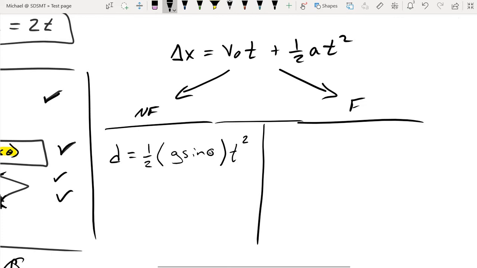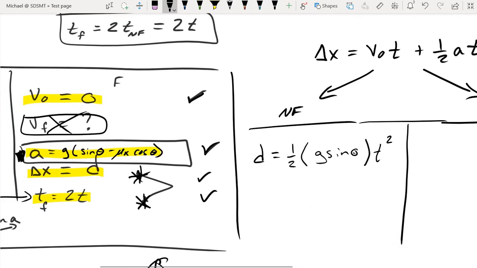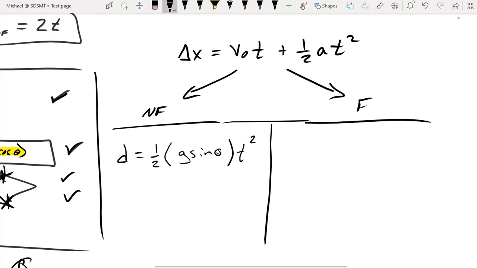We need to compare that to the same equation using the information from the friction case. In the friction case, the pig still slid a displacement of d. It still had an initial velocity of 0. But here's where things get different. The time for the non-friction case was twice as much as the friction case.